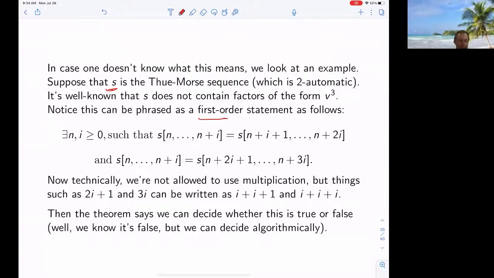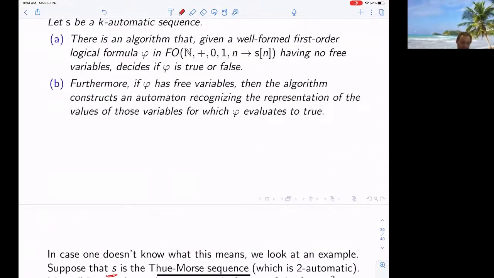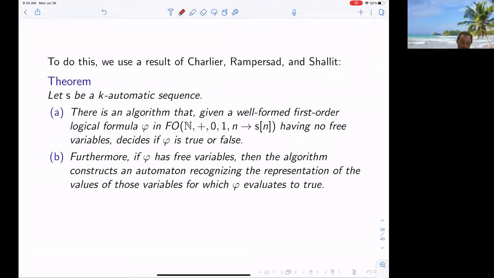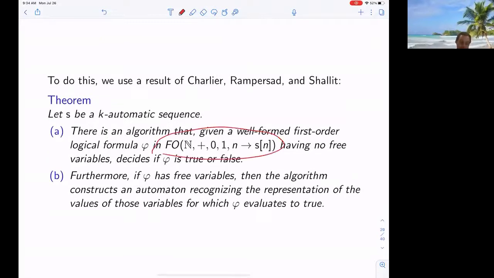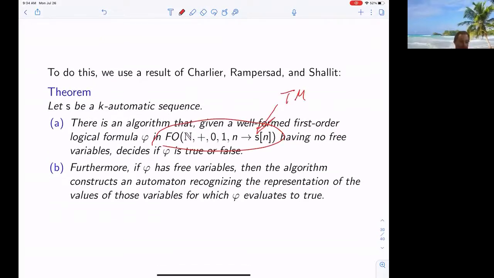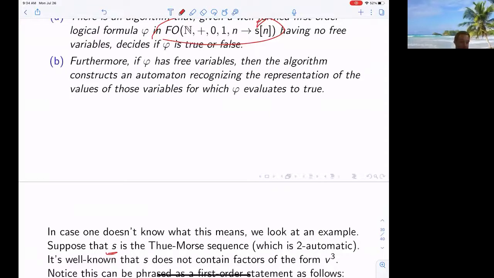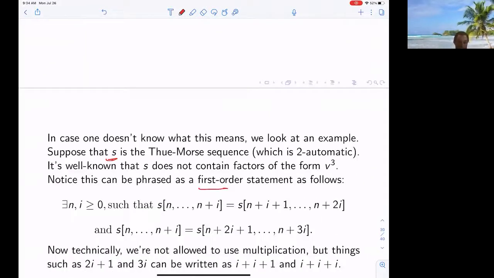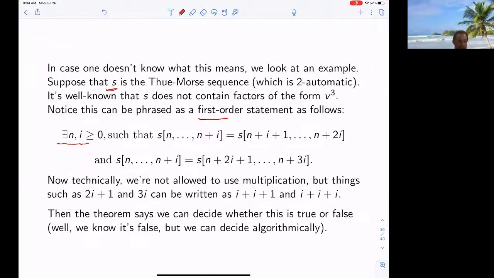If we were working in this theory, where S is now the 2 Morse word, then I can make a first order sentence that captures whether there are cubes in the 2 Morse sequence by saying, there exist natural numbers n and i so that this is equal to this, and this is equal to this. So this is a perfectly good first order sentence.